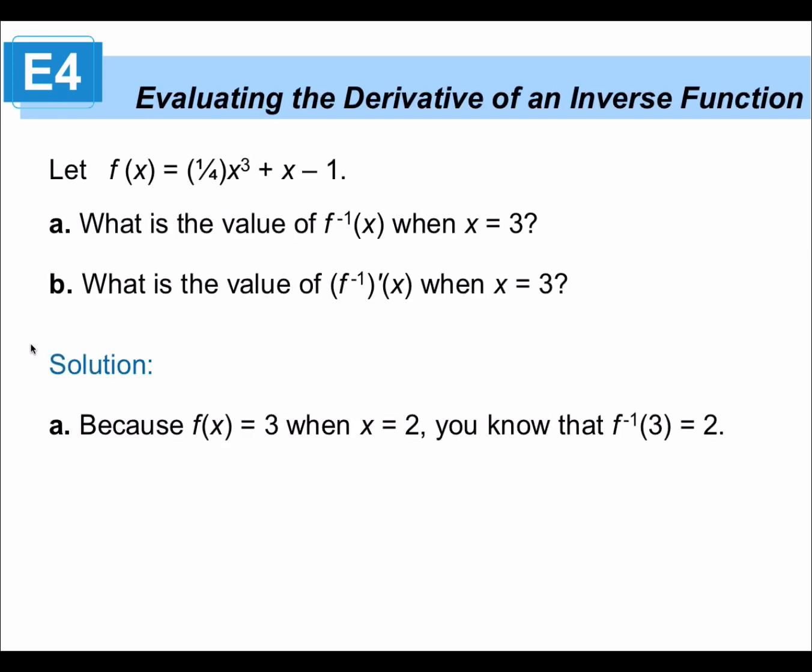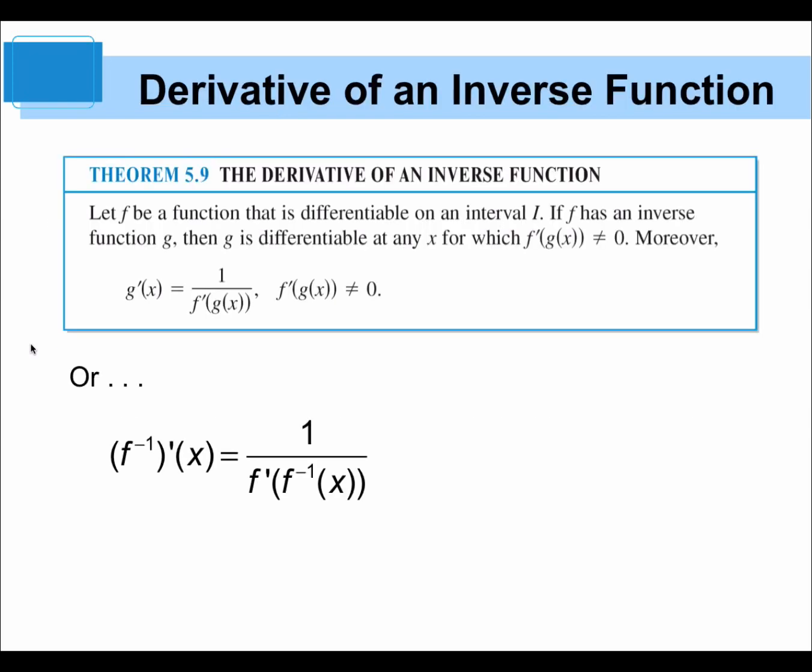If I'm looking for 3, and if (3, 2) is on the inverse, then (2, 3) is on the function. I'm just going to find the derivative of the original function, plug in 2, take my answer, and flip it over, which really is all this formula does, but it's an easier way. It's a more logical way to approach the problem.